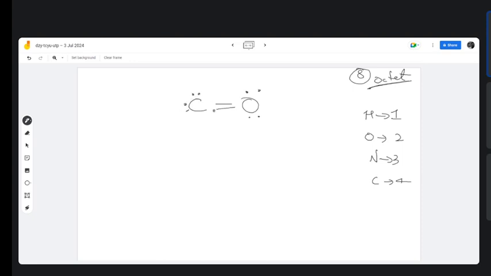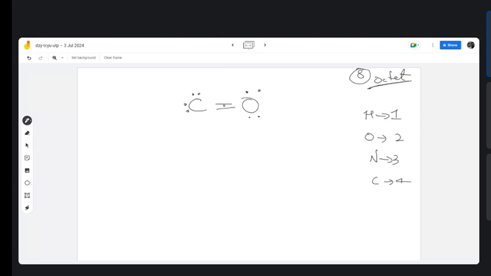This is the answer. By the time you do the Lewis dot structure and get the answer, it will take a decade, I feel. So don't think so much. Use the trick I'm giving you and try to get the answer. Will this trick work for everything? Wherever carbon goes, how many bonds follow?